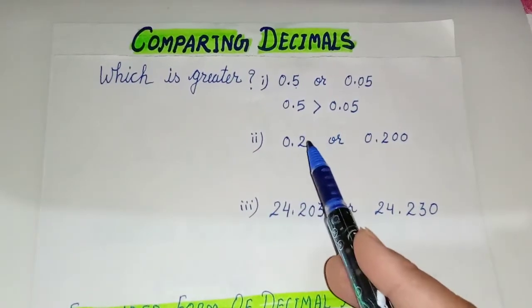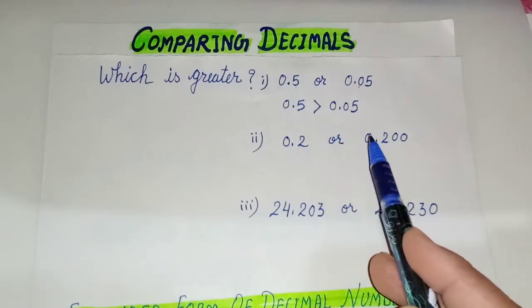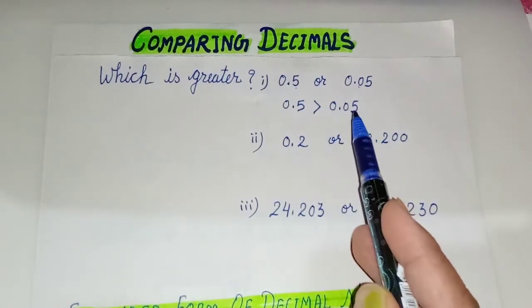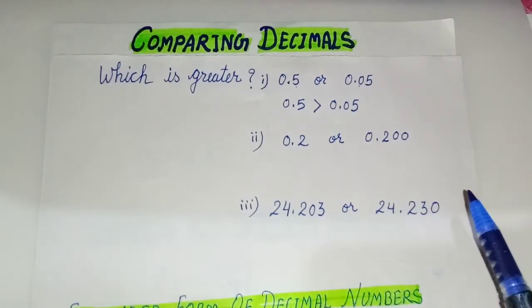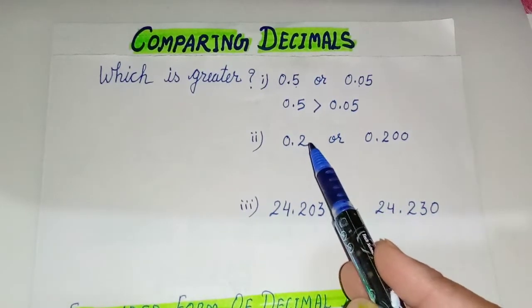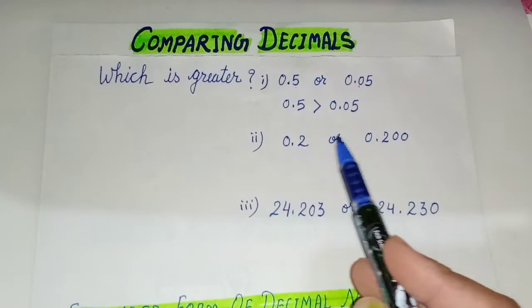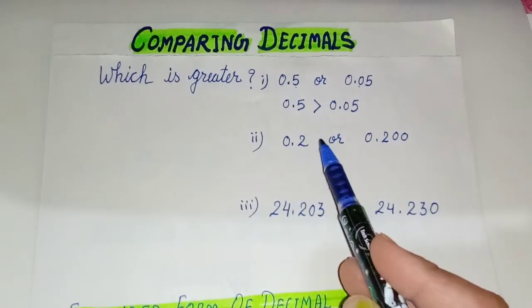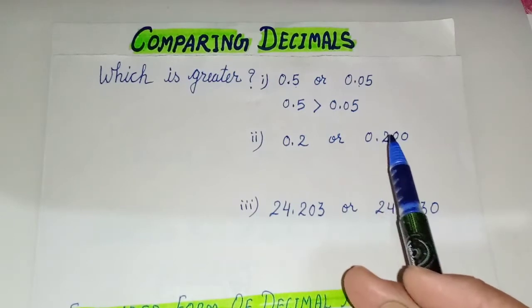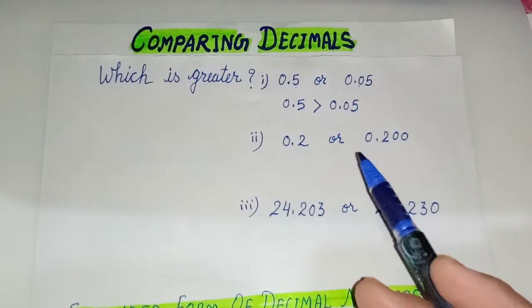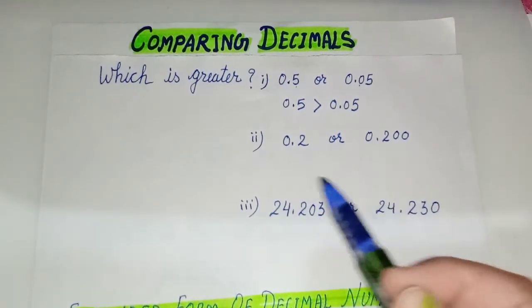If I want to put 5 zeros, I can put 5. Here also, if I want 2 more zeros I can put them, because it will not make any change in the number. So if I put 2 zeros at the end of this, it will not make any change, and then they will both be like decimals and their value will also be the same as it is now.